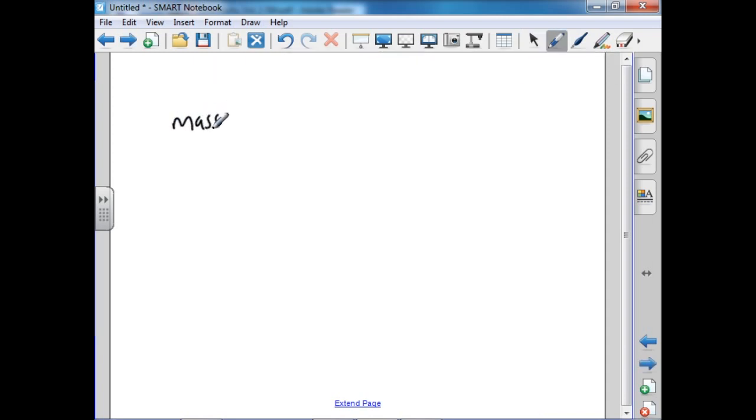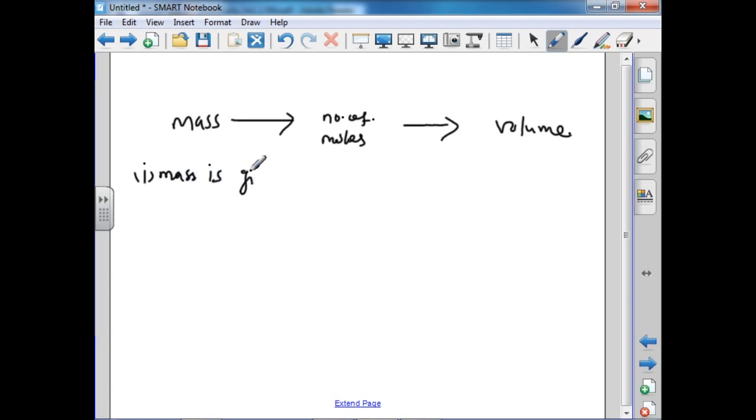Mass gives number of moles, and moles give volume. If mass is given, calculate the number of moles.